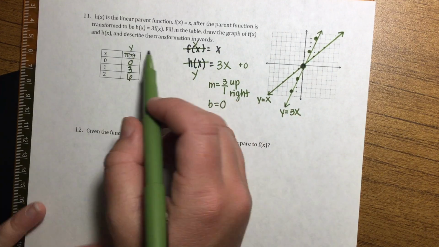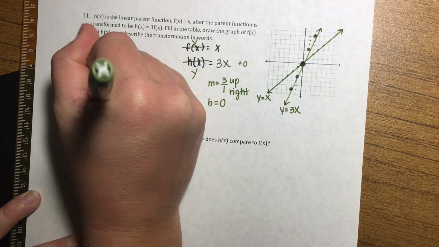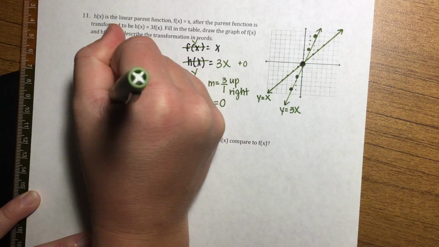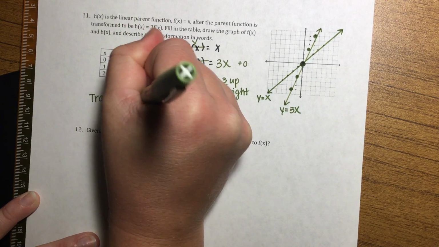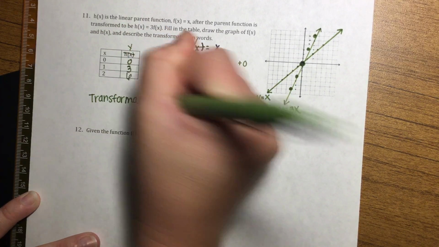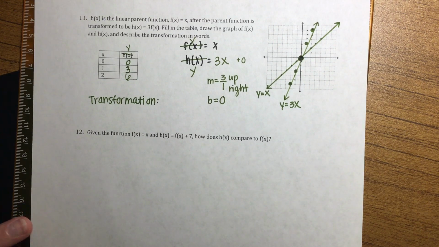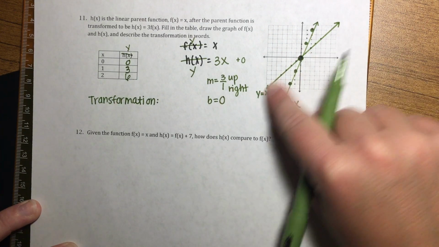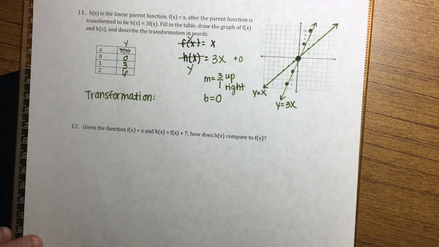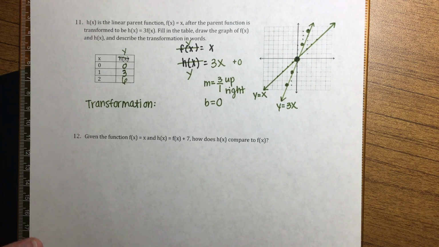So it asks, what's our transformation? If I look at my original line, it's a nice little walk up a hill, or a little bit of a slope, as people call it.